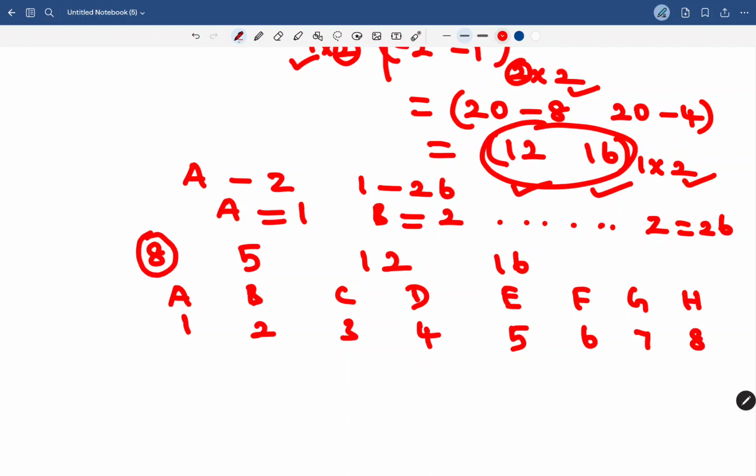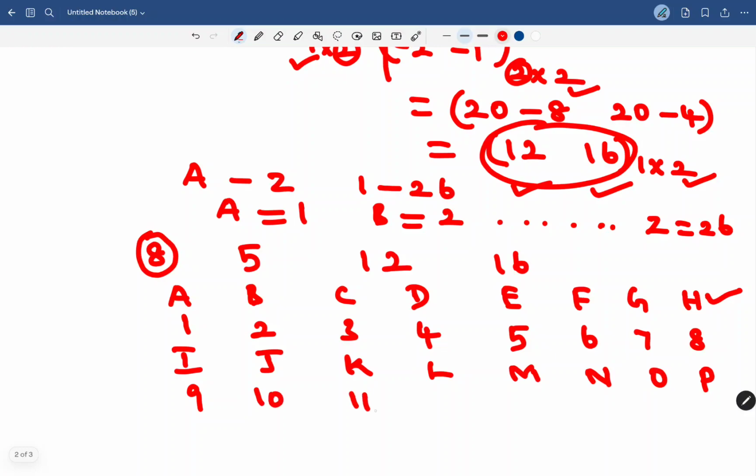For 8, the code is H. Similarly, I is 9, J, K, L, M, N, O, P are 10, 11, 12, 13, 14, 15, 16.